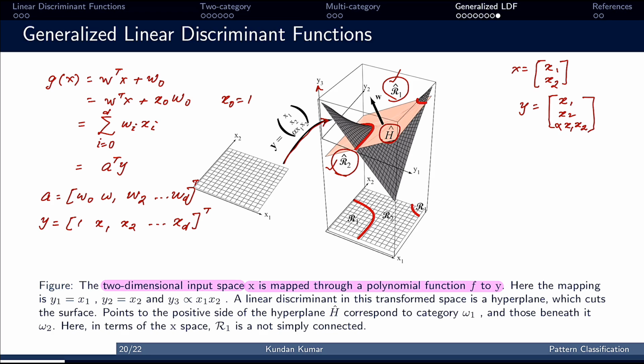Okay. So, here a is the augmented weight vector and y is the augmented feature vector. Okay. So, here we can conclude that at least we can get the advantage of the generalized linear discriminant function, that we can write the linear discriminant function in the homogeneous form, so that it will pass through the origin.